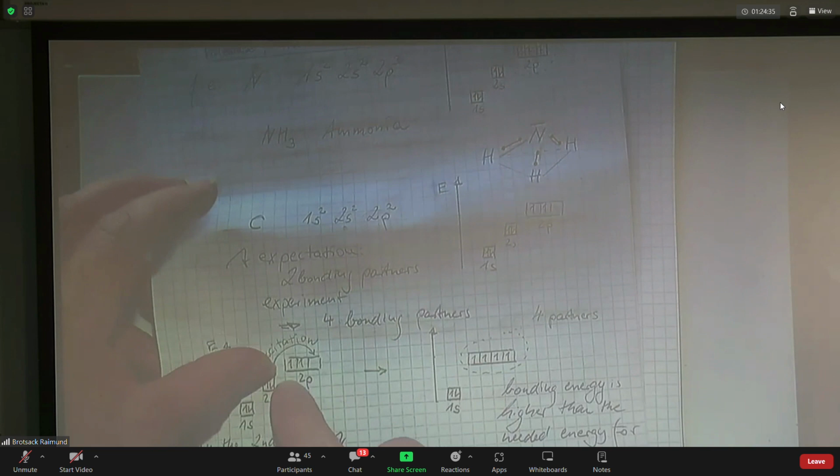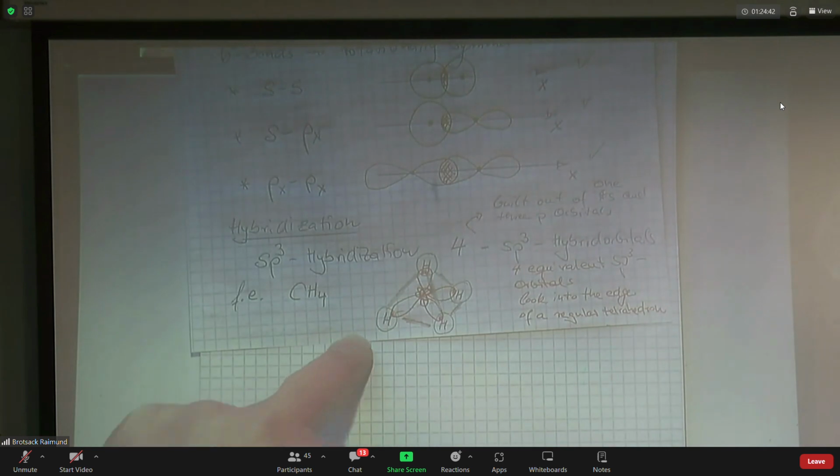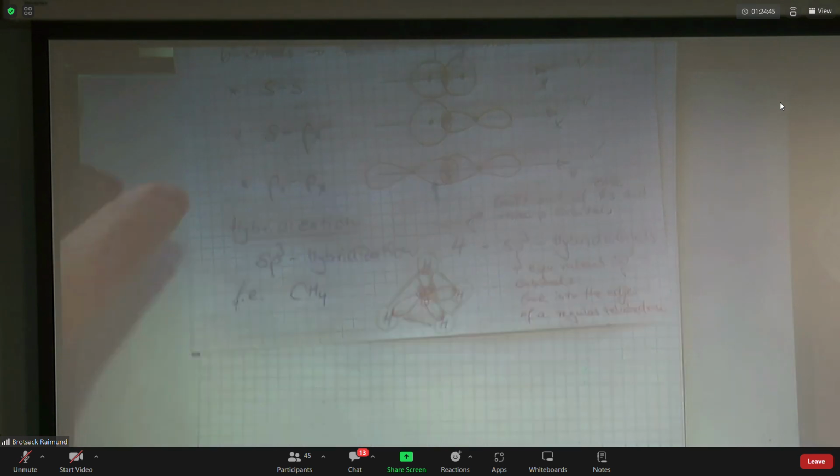What do we expect when we have sp3? What could be another type of hybrid orbitals? The sp3 is built out of one s orbital and 3 p orbitals, so looking like that, or in a geometrical form, looking like that. Now we have, again, one s and only 2 p orbitals.